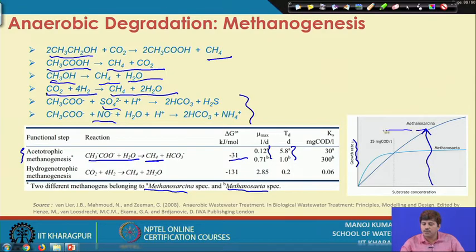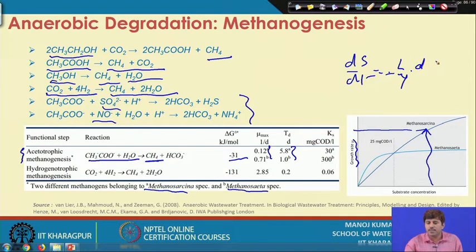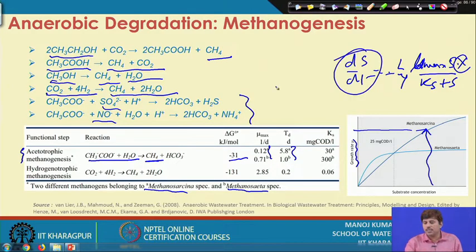The rate of substrate consumption is minus 1 by Y times dX by dt, and dX by dt can be written as mu max into S into X upon Ks plus S. So the higher the X value, the greater this is.